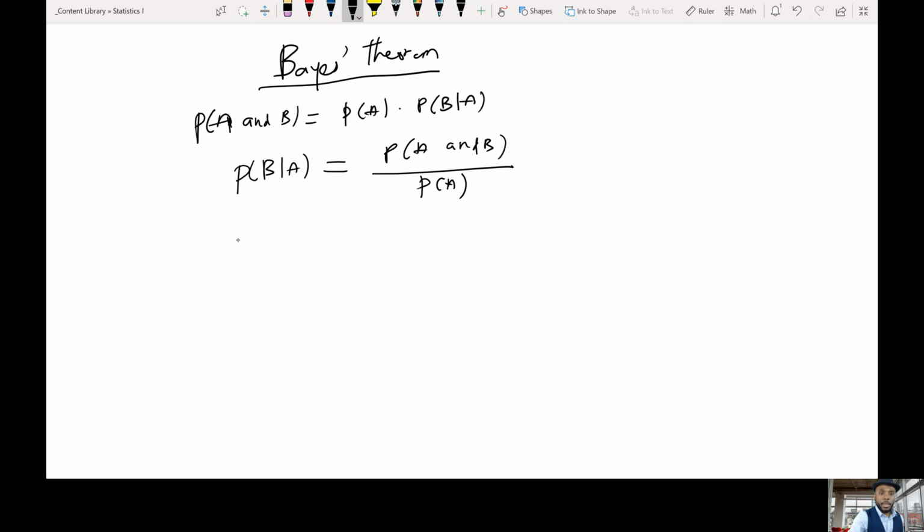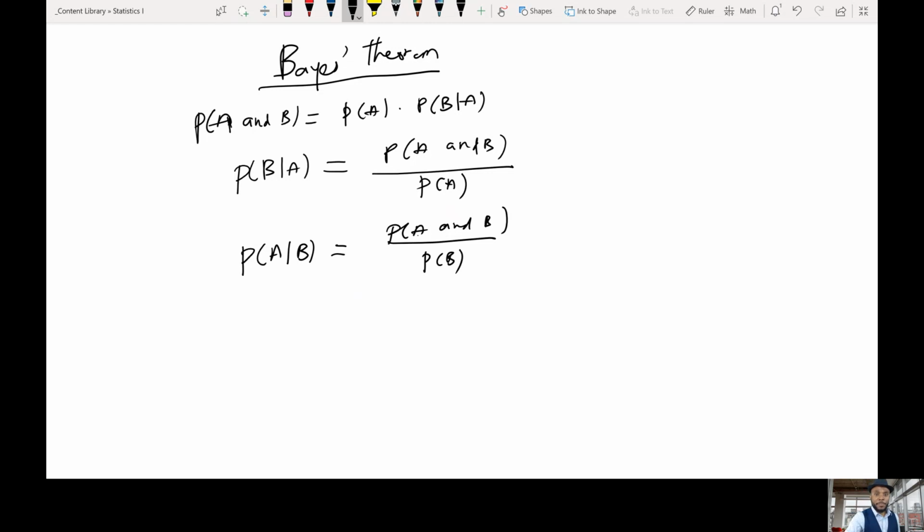In the same way, we can have that the probability of A given B is equal to the probability of A and then B divided by the probability of B. So we have these two equations in which, to the right, the numerators are similar.